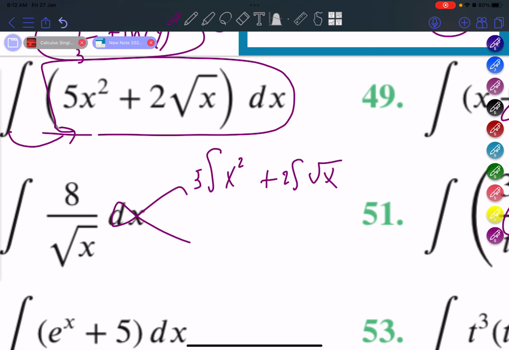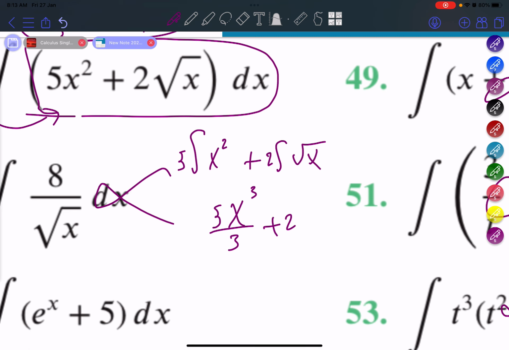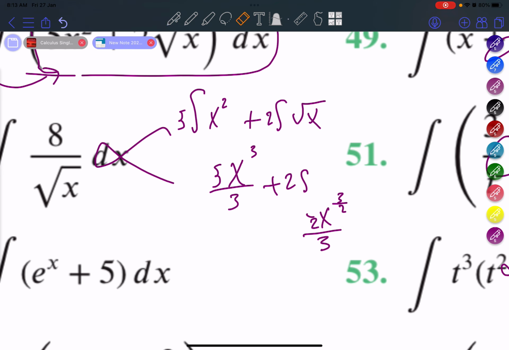So 5x squared, if we integrate it, becomes x power 2 plus 1, which becomes 3, divided by 3, and we will add the 5 there, plus 2 will be the same. Integral of root x will be, we already said, x power half plus 1, it becomes 3 over 2, and then the 2 will go to the numerator.